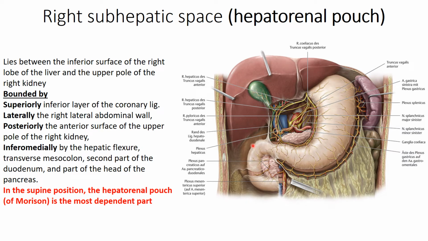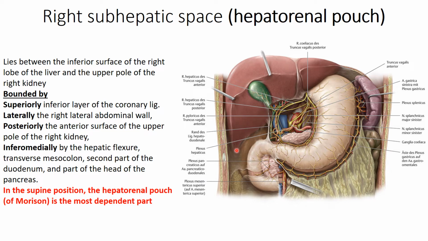The right subhepatic space, which is also known as the hepatorenal pouch of Morrison, lies between the inferior surface of the right lobe of the liver and the upper pole of the right kidney. It is bounded superiorly by the inferior layer of the coronary ligament, laterally by the right lateral abdominal wall, posteriorly by the anterior surface of the upper pole of the right kidney, and inferomedially by the hepatic flexure of the colon, the associated part of the transverse mesocolon, the second part of the duodenum, and part of the head of the pancreas.